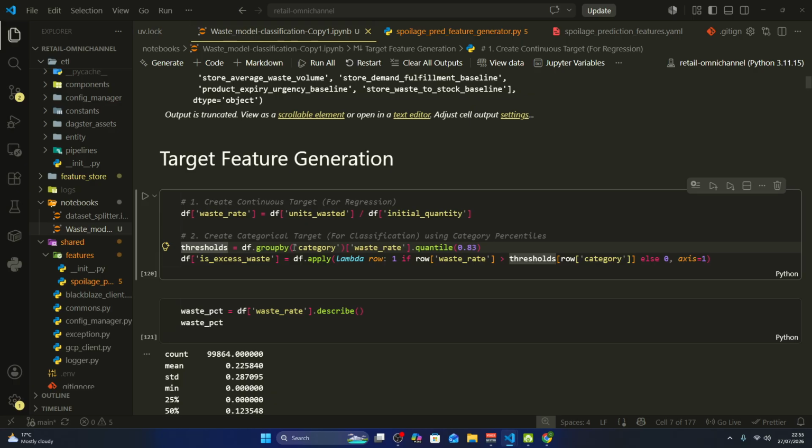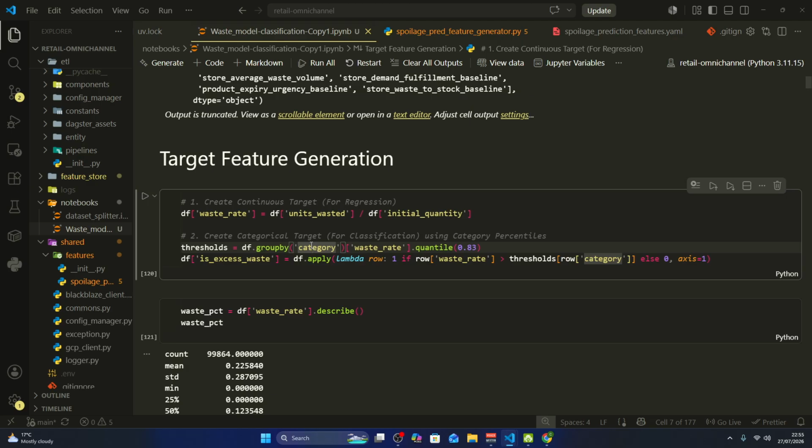The threshold is derived by the category, and the reason I'm grouping by category is that I don't want to place an arbitrary cut-off value. I want to be specific based on the different categories of products, because different products have different conditions that will make them go to waste or get spoiled.